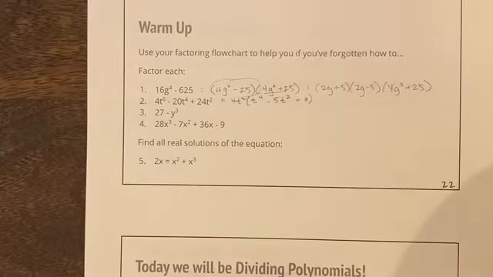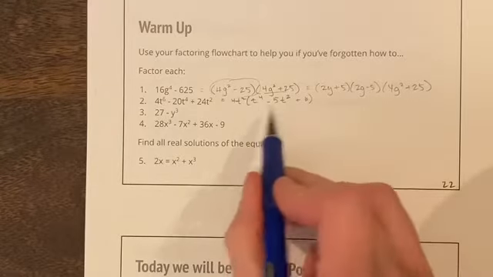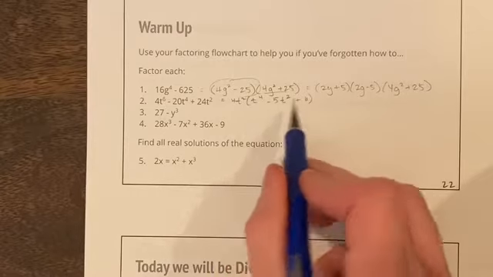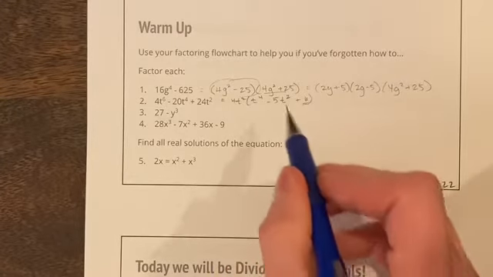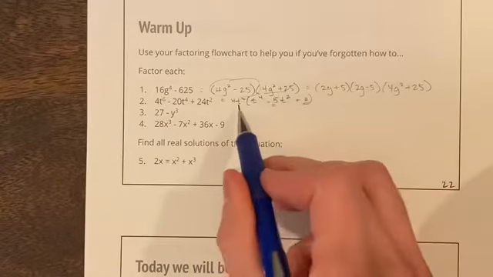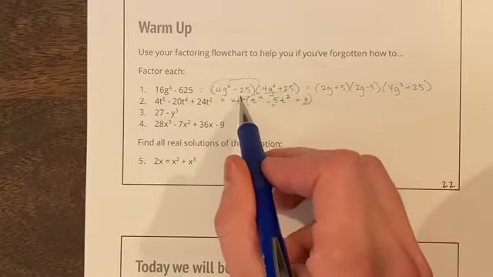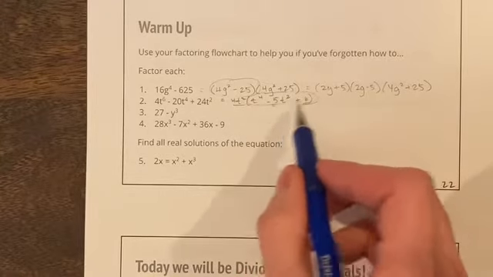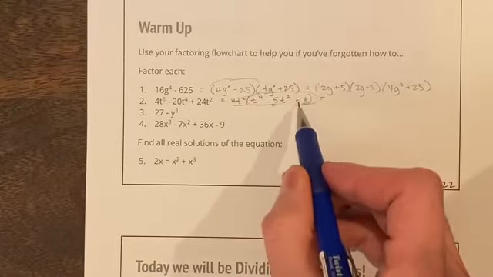From there, we can see if we can factor this as a general trinomial. Even though the degrees are higher, we can still look for factors of this number that add up to this number, and luckily there are. So this is prime, so we're going to leave this alone, but we can still factor this trinomial as a general trinomial.